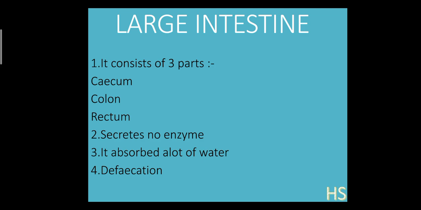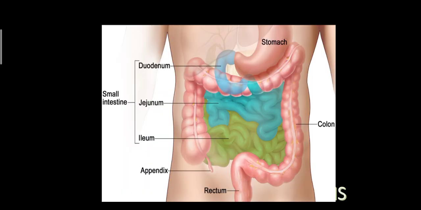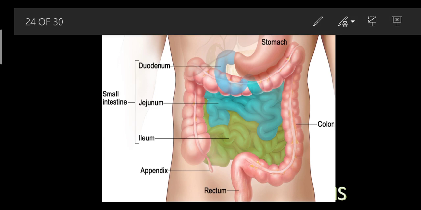The small intestine is longer in size as compared to the large intestine. So why have we given them these names? Due to the difference in their diameter. If you notice, this is the diameter of the large intestine, and this is the diameter of the small intestine.